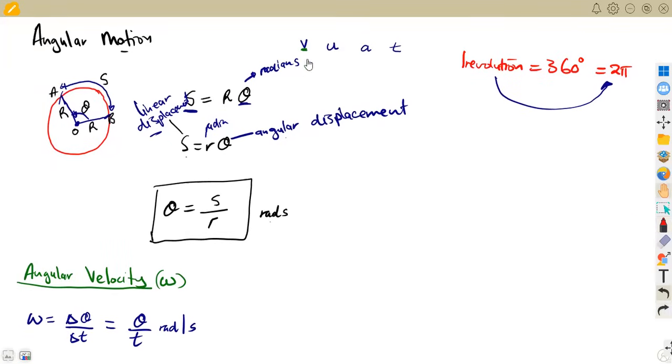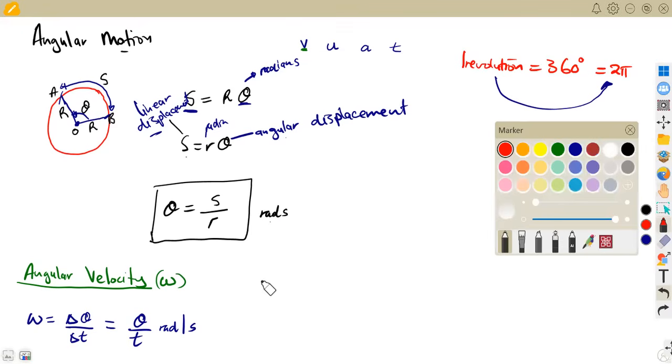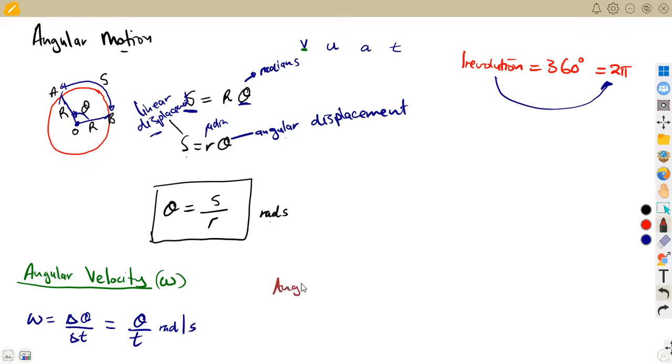Also, we talked of linear acceleration in our linear motion. Now we are going to be talking about the angular acceleration, which is referred to as alpha. Just like acceleration from our linear motion, we know that acceleration is equal to velocity over time.